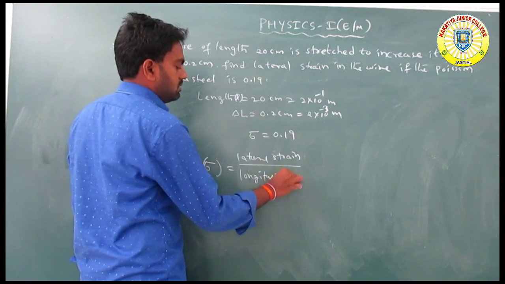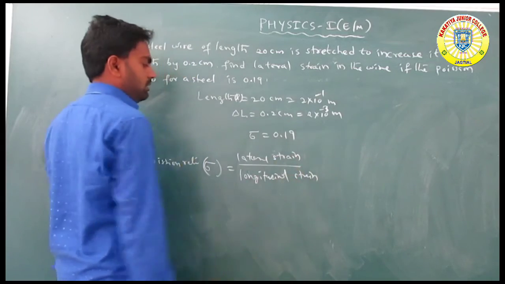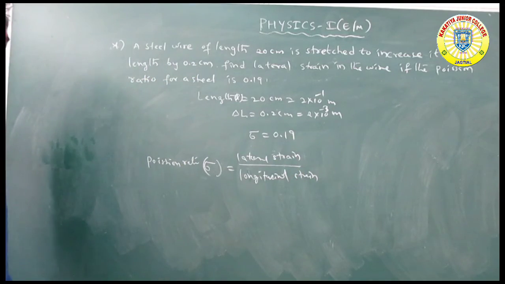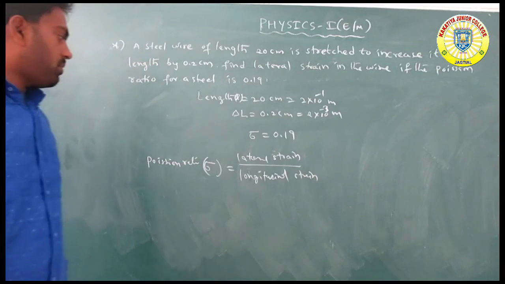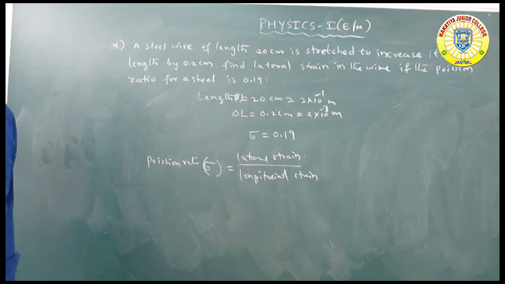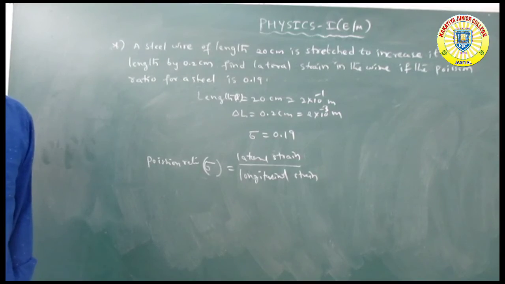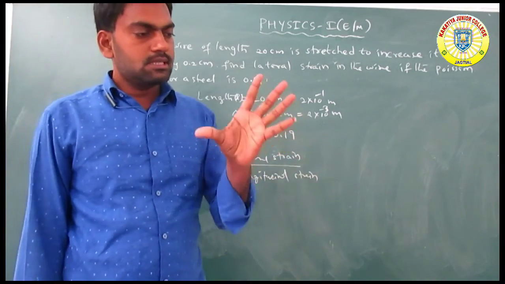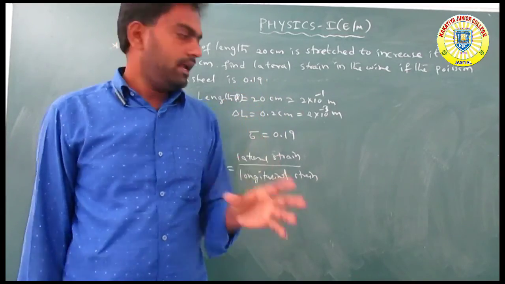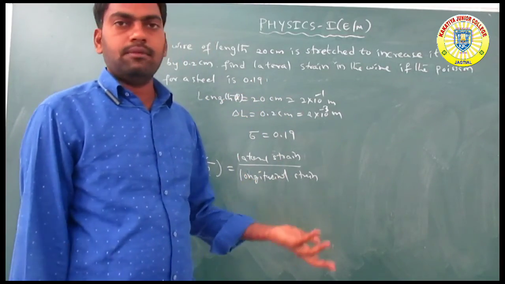Lateral strain by longitudinal strain is called the Poisson ratio. So Poisson ratio sigma is equal to lateral strain by longitudinal strain. Okay, got it. So what is the lateral strain? That means the contraction. Okay, so longitudinal strain we already know.